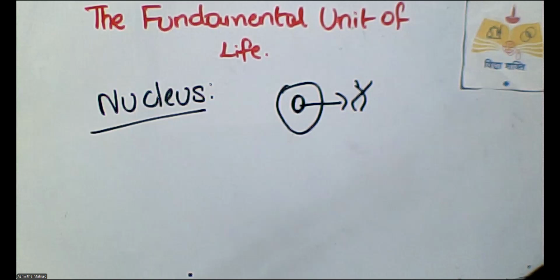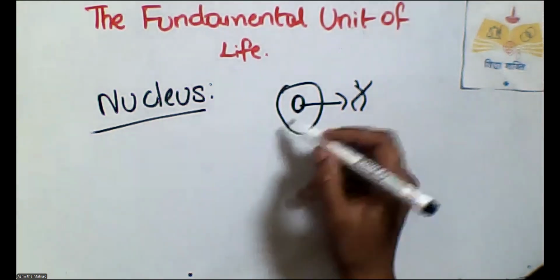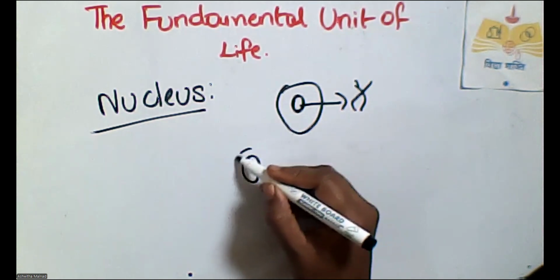So by directing the chemical activities of the cell, the nucleus does this work. In some organisms like bacteria, the nuclear region of the cell may be poorly defined due to the absence of a nuclear membrane.